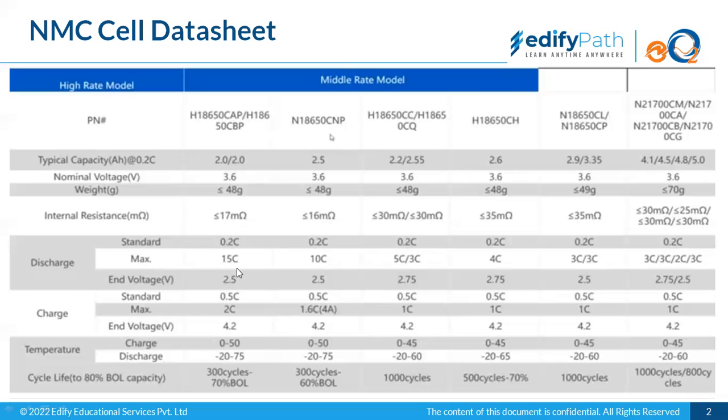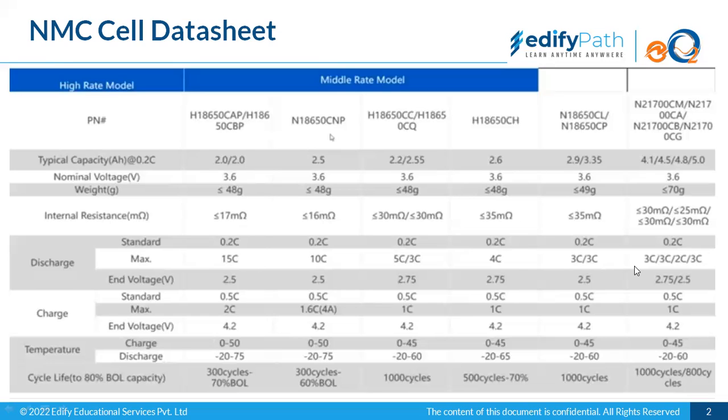Every cell will have two C ratings, one for charging and one for discharging. In this case, if it is 0.2 C, then the cell can safely be discharged at 0.4 ampere continuous current without damaging the cell. Maximum ratings of 15 C, 10 C are also given.